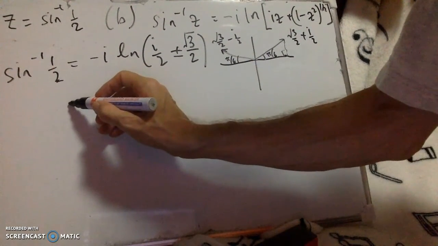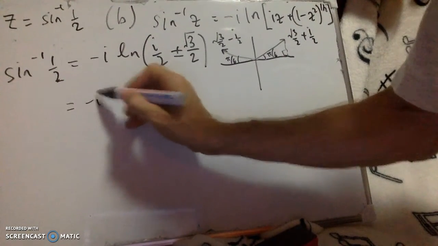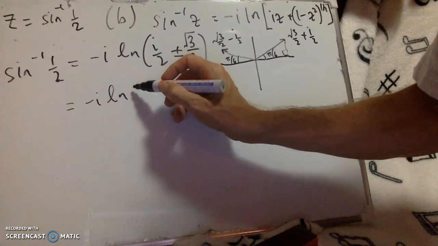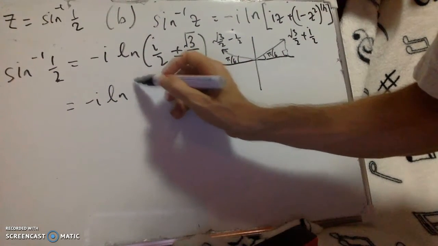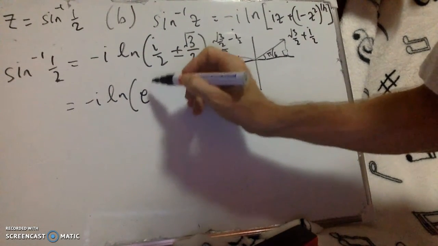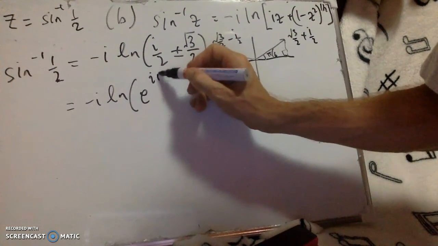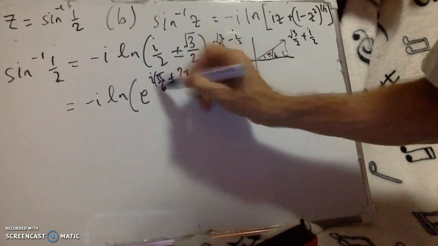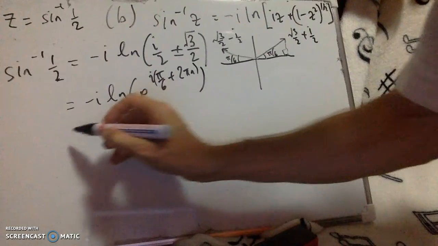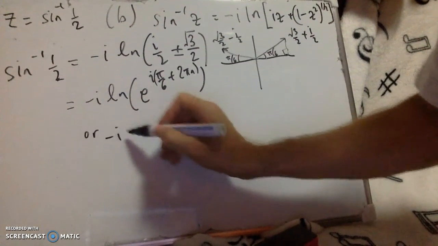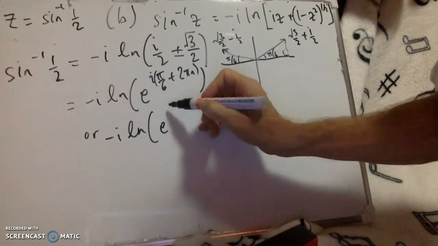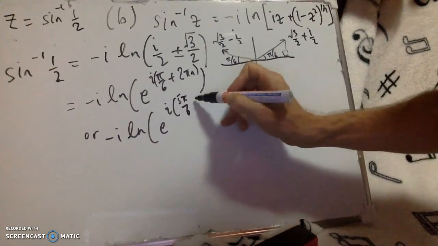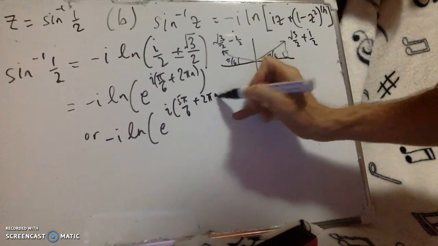We've got minus i log of e to the i pi by 6 plus 2 pi n, or minus i log of e to the i 5 pi by 6 plus 2 pi n.